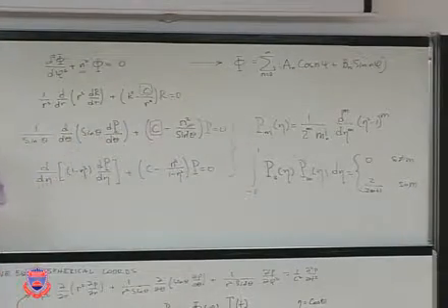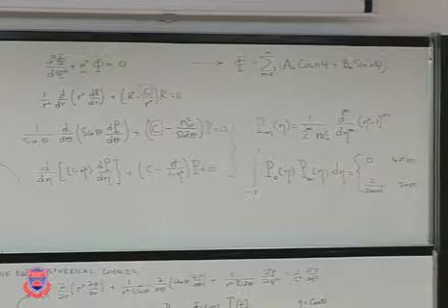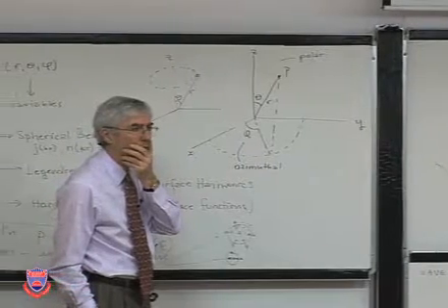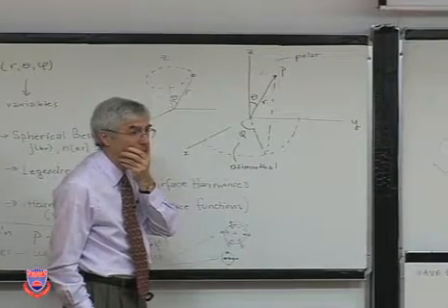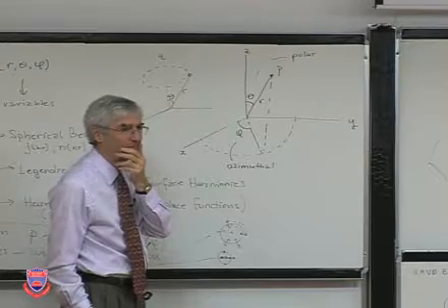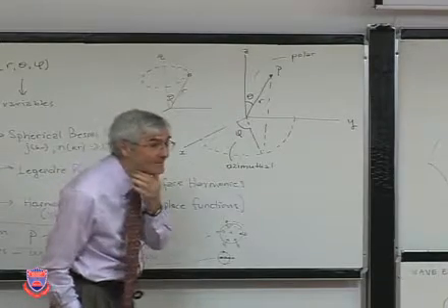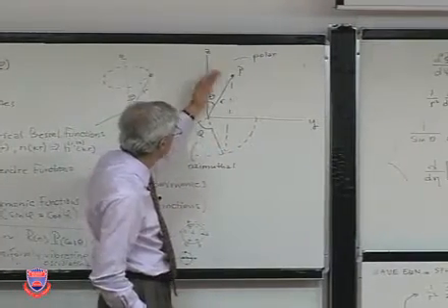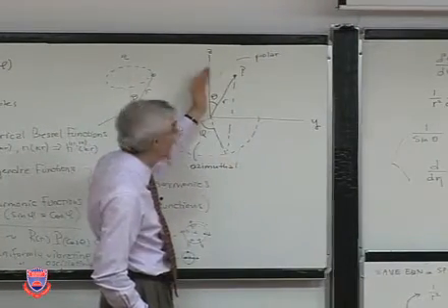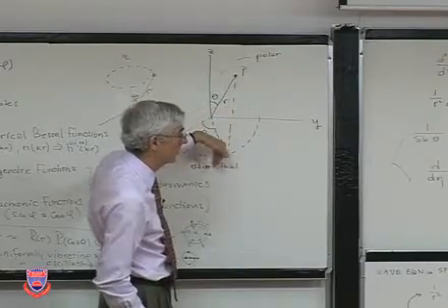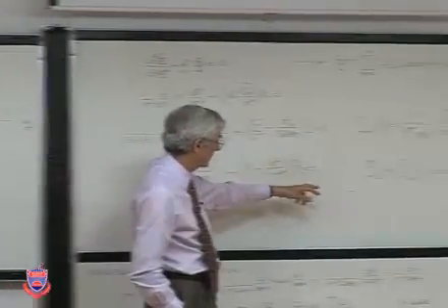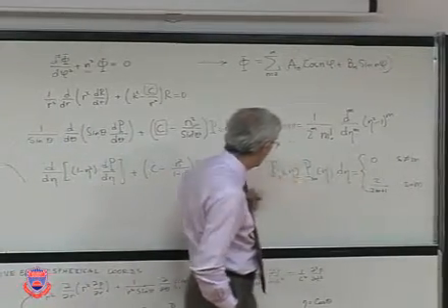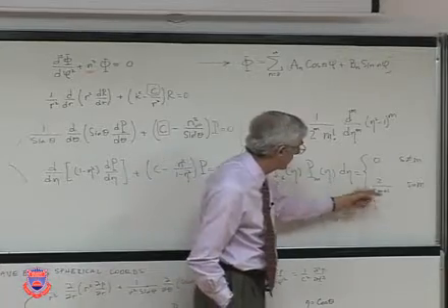What's cosine theta minus 1? 180 degrees. So 0 to 180, okay? Those are the maximum values it can take. So when you integrate between those two, you have a finite value.